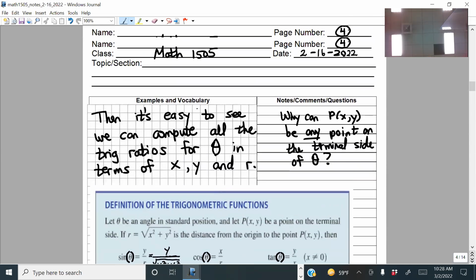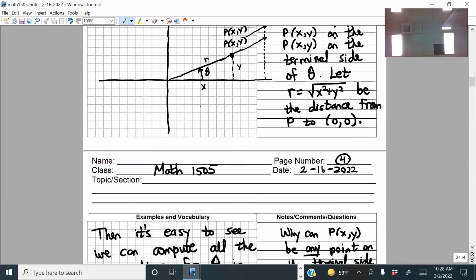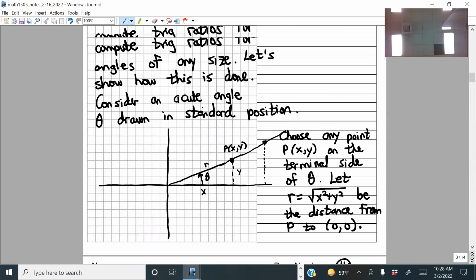The basic idea for finding the trig ratios for any angle of any size, so not just between 0 and 90 degrees, like angles you would find in a right triangle, but angles bigger than 90 degrees, or say negative angles, right?